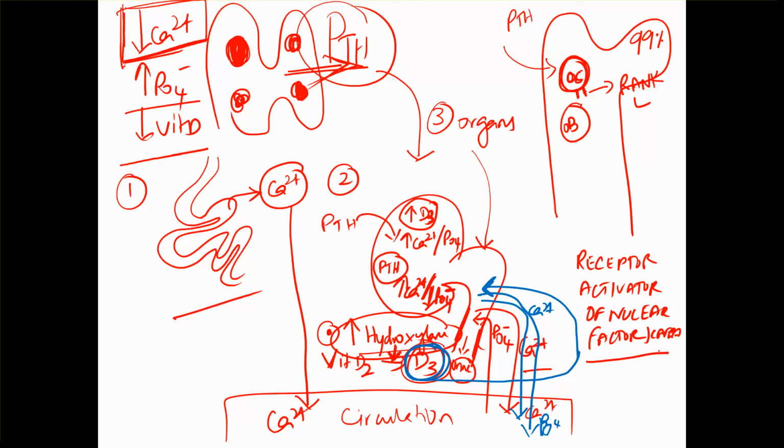And RANK L means ligand. So they have a ligand that is produced because of the stimulation of parathyroid hormone, and there is a RANK. So when this RANK ligand and RANK are joined together, then osteoclastic activity is increased, which means the osteoclast removes the calcium from the bone and the calcium comes to the circulation.